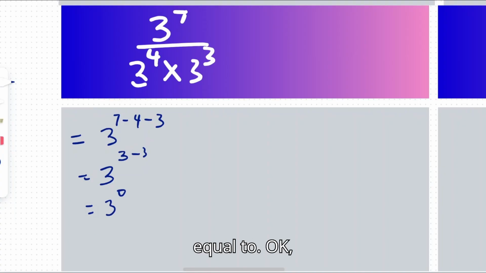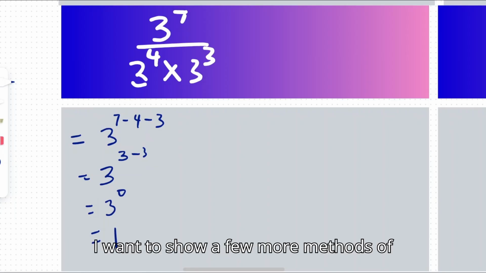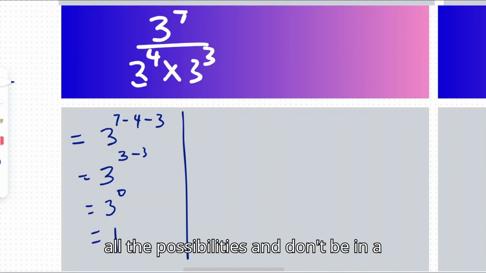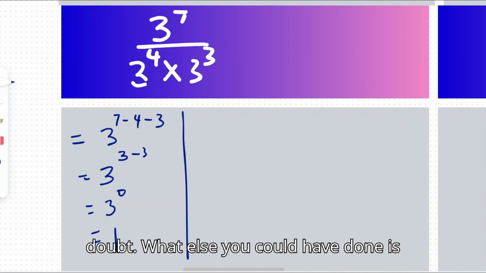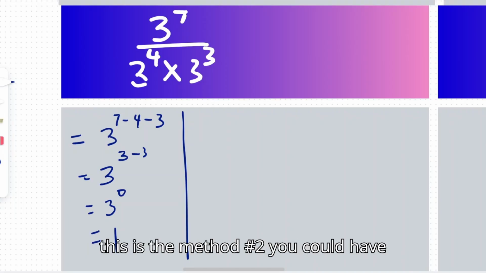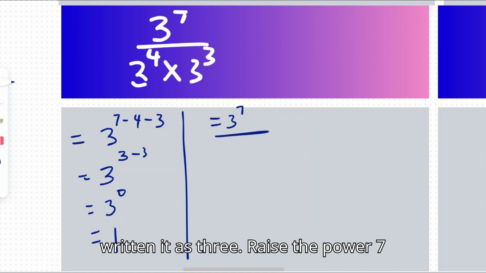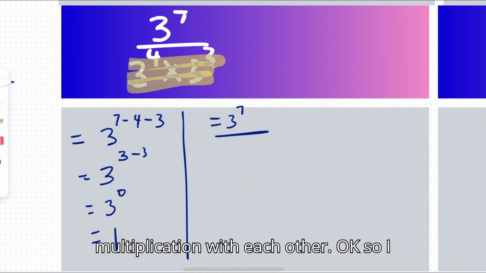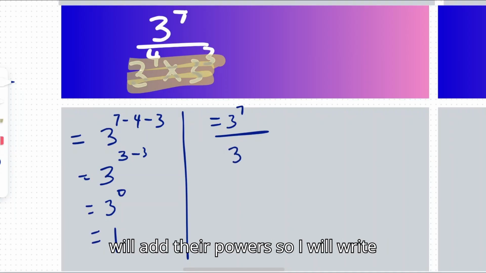Okay, I want to show a few more methods of solving this question so that you know all the possibilities and don't be in a doubt. So what else you could have done is, this is the method number 2. You could have written it as 3 raised to the power 7 over. Now see, these two are in multiplication with each other. Okay, so I will add their powers.